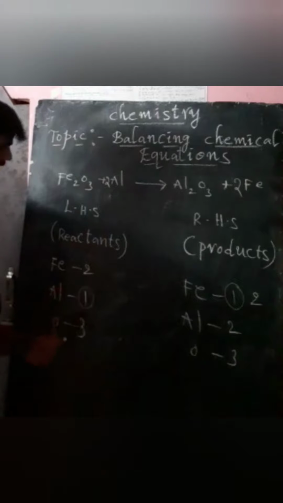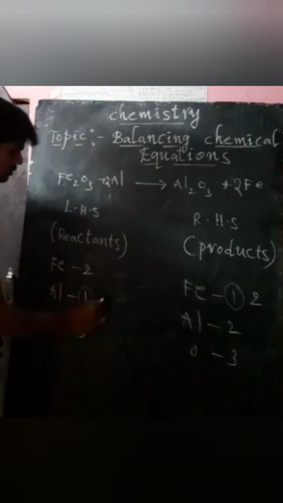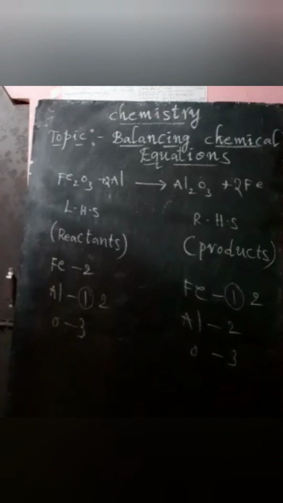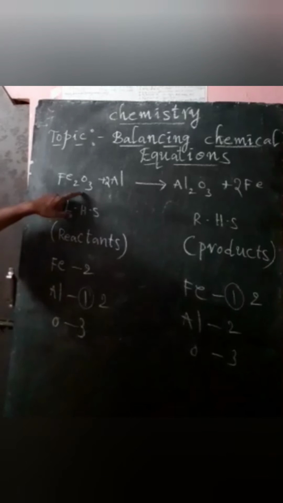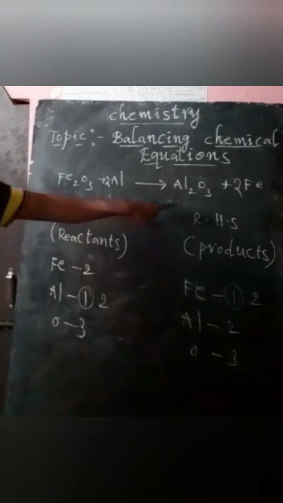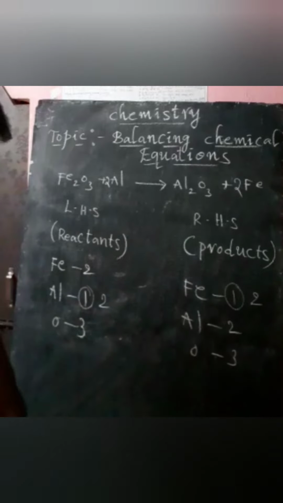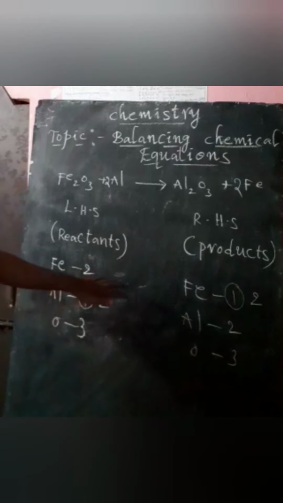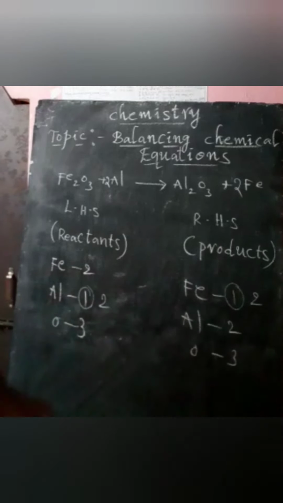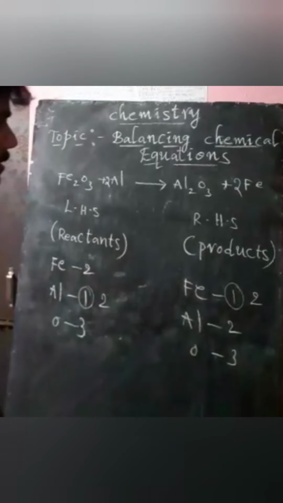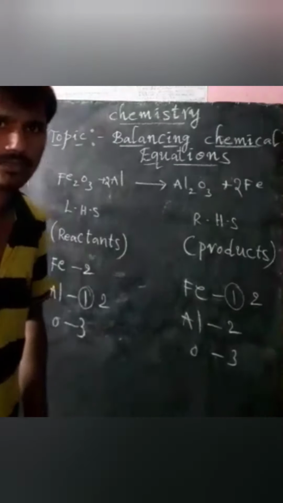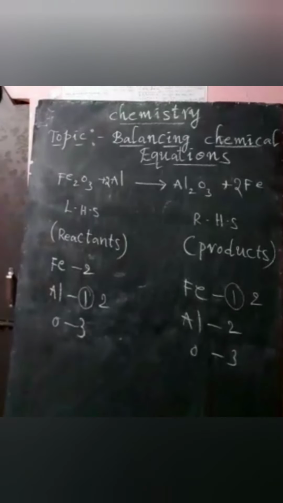That's why if I put 2 here, the aluminium number on the LHS side changes to 2. In the same way oxygen, LHS side 3 and RHS side 3. So the number of iron atoms, aluminium atoms and oxygen atoms is finally balanced. So this is one example to balance a chemical equation.